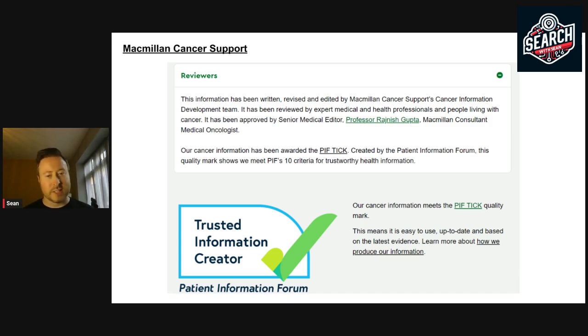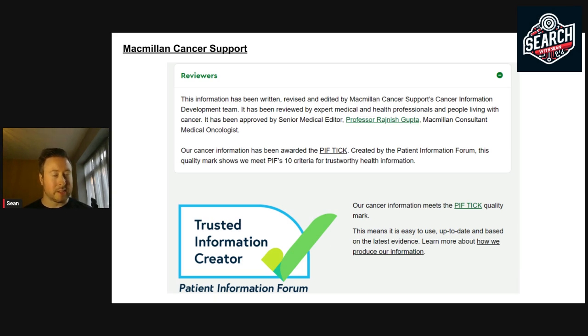So the next one, obviously I have to talk about Macmillan, because that's where I work. I'm the SEO manager. We have the PIF Tick, which is an accreditation that showcases that we have trustworthy medical-based content.